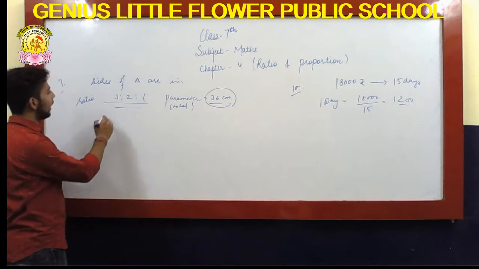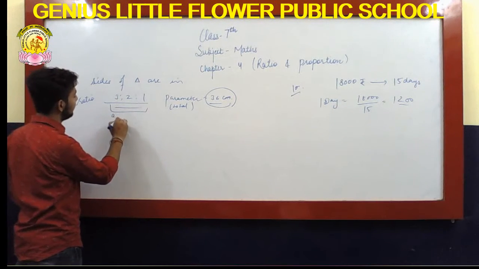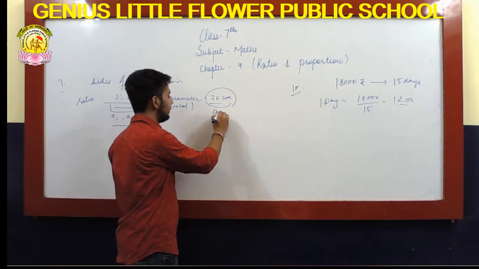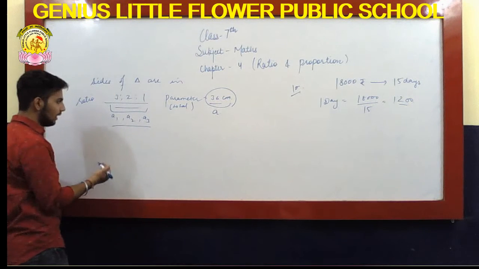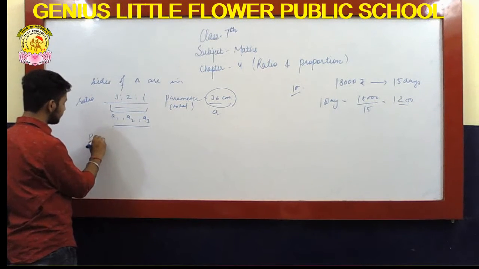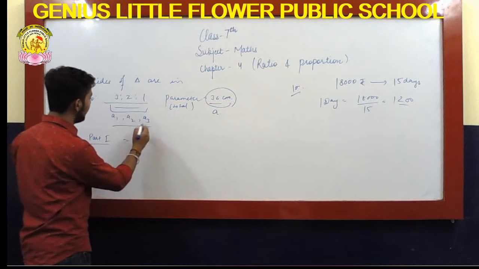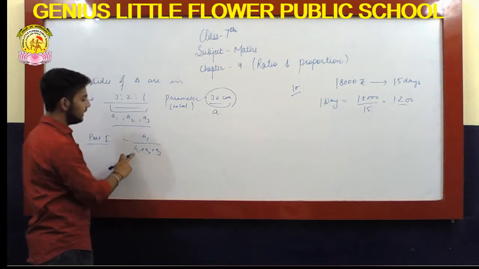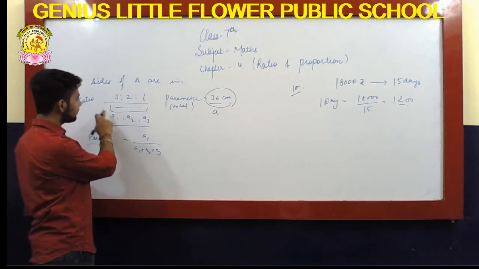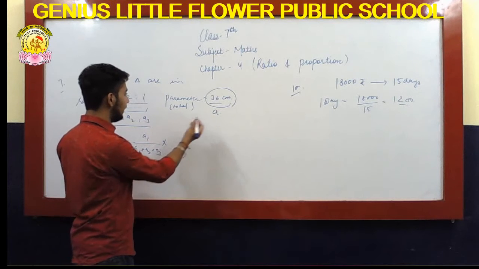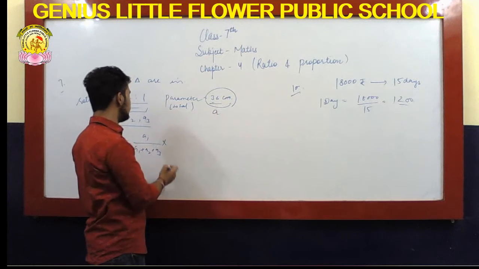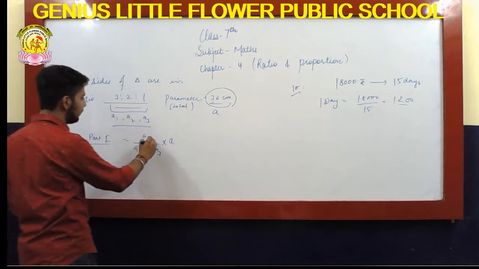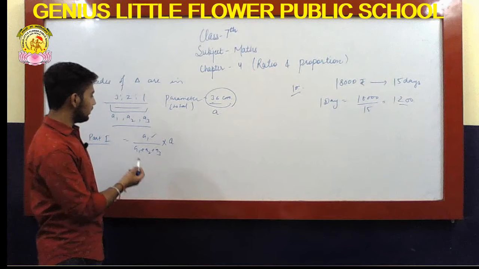So you let these ratio parts be A1, A2 and A3, and let the perimeter be A. Using our previous formula, for part 1, we take A1 divided by A1 plus A2 plus A3, as the denominator is the sum of the ratio, multiplied by the total number to be divided, which is A. For part 2 similarly we will put A2, and in part 3 we will put A3.